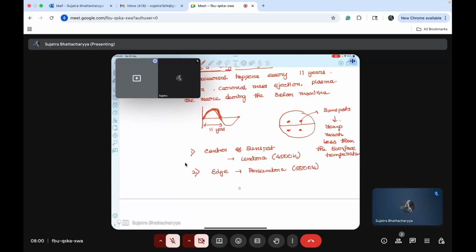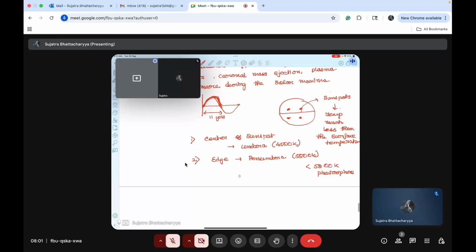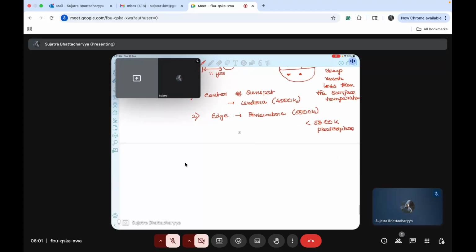So both of these temperatures are less than 5800 Kelvin, which is for the photosphere. Generally these are black in color. You can see that the magnetic field lines generally originate from one sunspot at one hemisphere and go into the other. Okay, so that we will see.